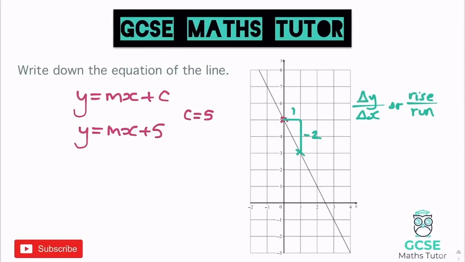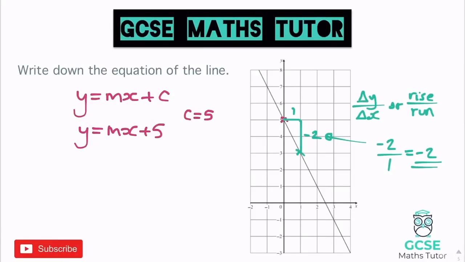In this case, the change in the y coordinate is this movement here going down, it's -2, so that'll be on the top of my little fraction, and the run, or the change in x, is on the bottom, the 1 going across. So it's -2 over 1, and -2 divided by 1 is -2.